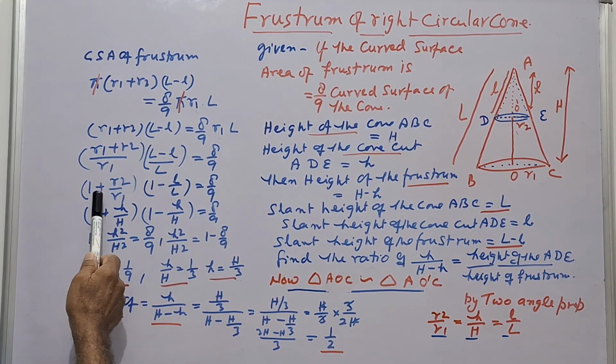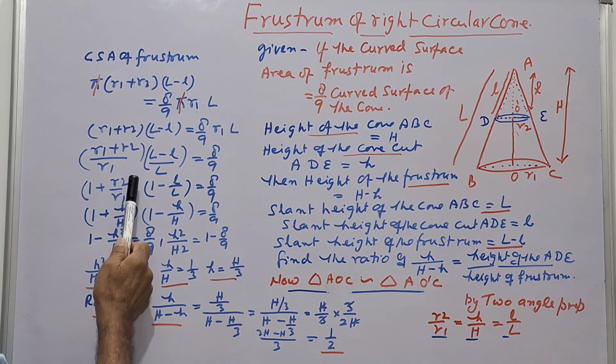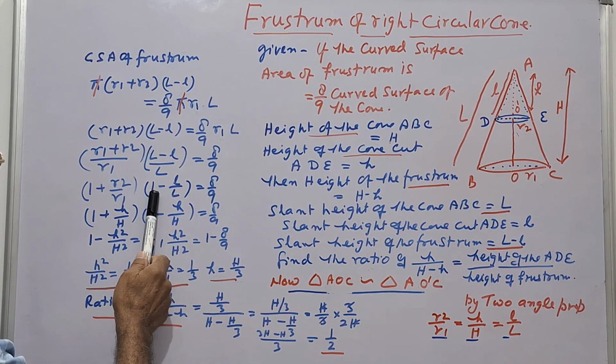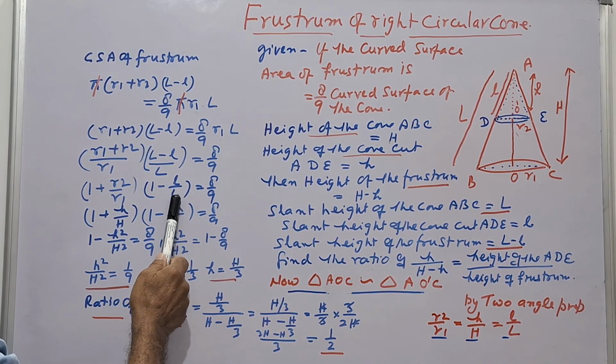Now if we simplify it, it becomes 1 plus R2 upon R1 into 1 minus small l upon capital L is equal to 8/9.